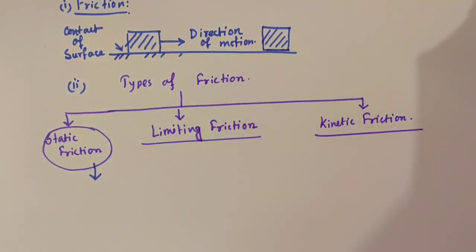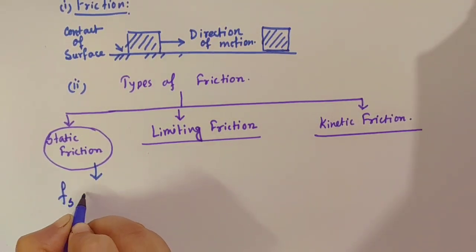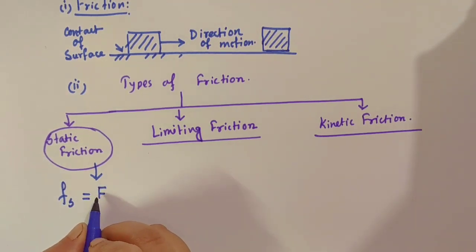Now, if the applied force F is such that the body remains at rest in spite of the action of the force on it, the static frictional force Fs we can write as Fs equals F.